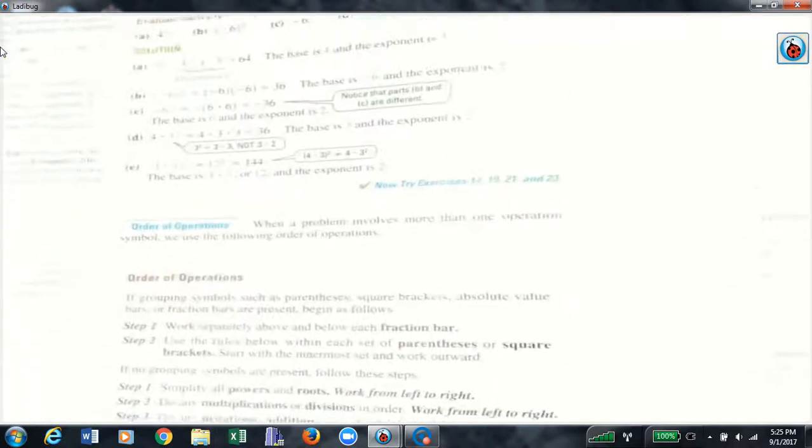And then I had some exercises on it. Let me find order of operations in the index. On page 10. Okay. So on page 10, we have some rules for order of operations.